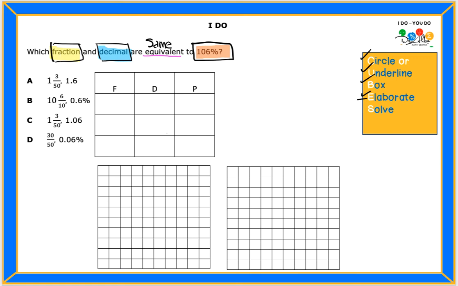And I'm gonna start by identifying the fraction with this color, decimal with this other color, and percent with orange. Now I'm gonna fill in the table with any information I have, and I have 106%. So I'm gonna put that number in there, and that is 106%. That's just to organize the information.